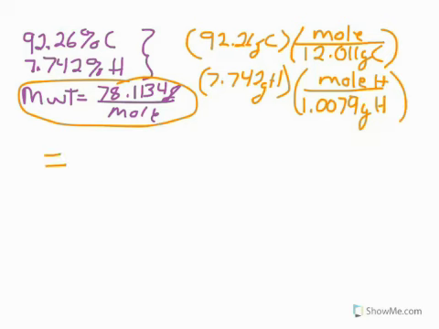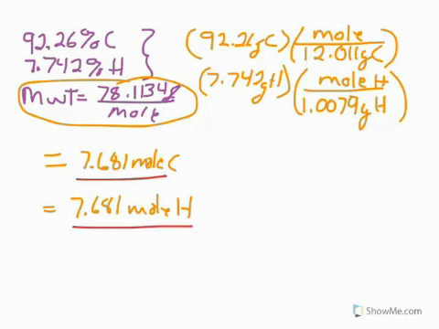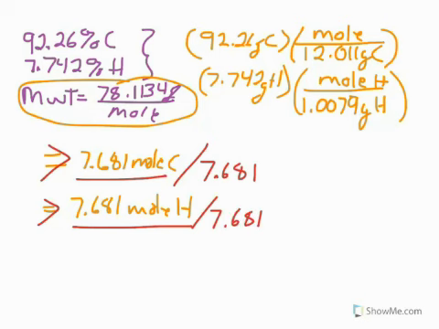So that gives me the following values, which I write down as 7.681 moles of carbon and 7.681 moles of hydrogen. I'm going to put an implies in here right now because I can't have formulas that say C7.681. So I divide both by 7.681, which is the smallest number in both cases, and I get 1 mole of carbon per 1 mole of hydrogen.